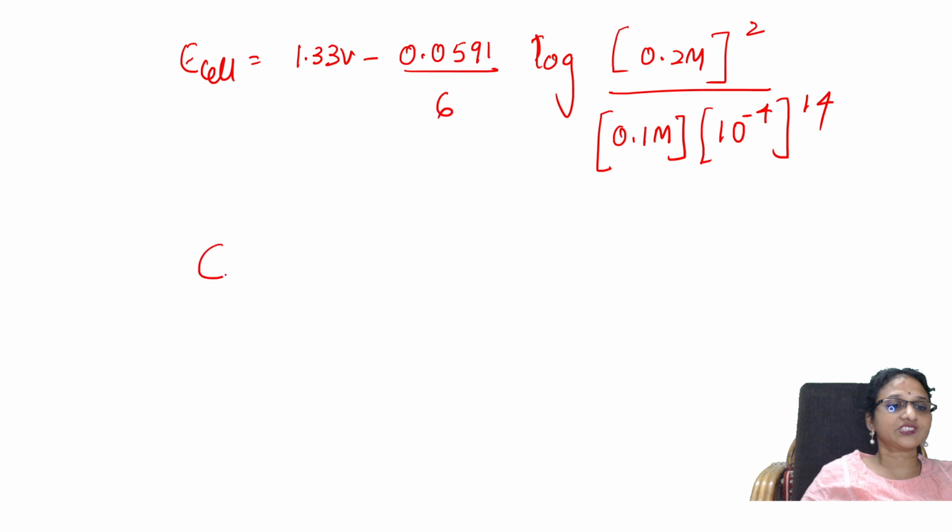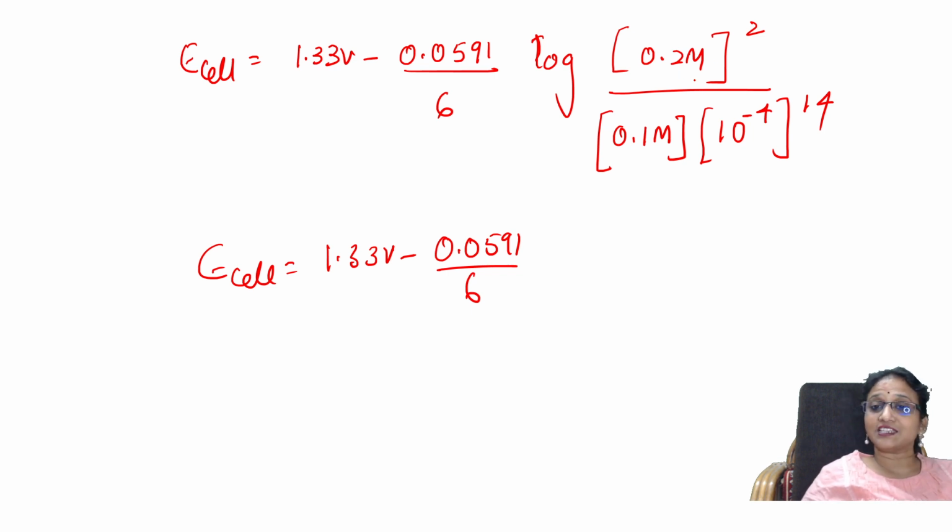Let's further simplify. E cell is equal to 1.33 volts minus. First, always try to simplify the log part. So when I take this, it's nothing but 0.20 molar and squared, and below you have 0.1 molar and 10 raised to the power of minus 4, 14 times.